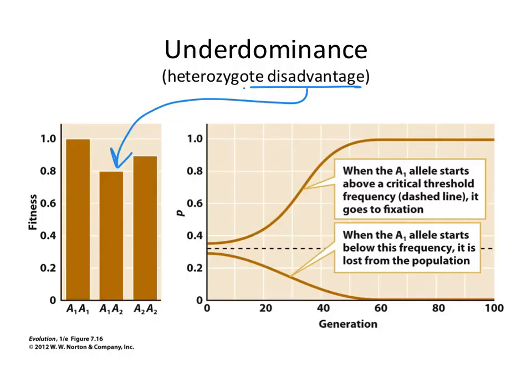Which is practically the opposite of everything we get told in science, that diversity is beneficial. But this is one case in which it's actually detrimental to have diversity, two different alleles brought together into the same individual.